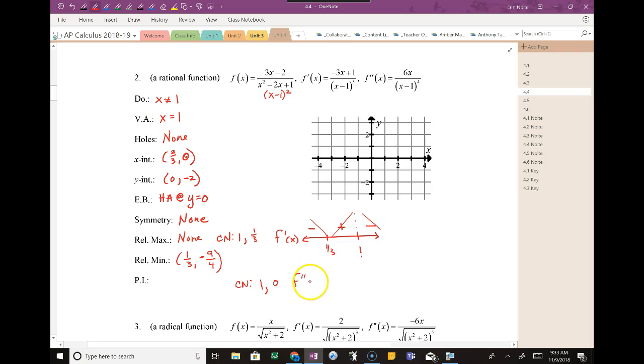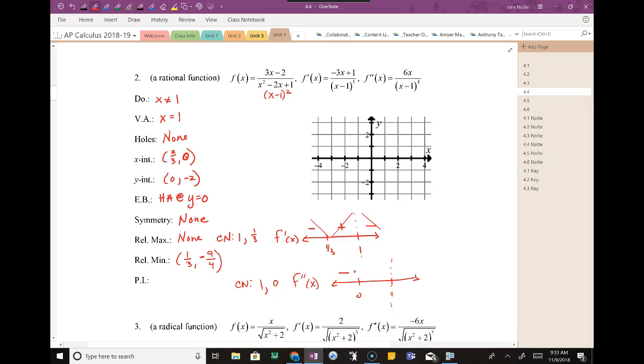Okay, so I'm doing a number line on the second derivative. We can use 0 and 1. Remember, 1 is a vertical asymptote. Okay, so plugging this into the second derivative, a value less than 0, such as negative 1, we get a negative over a positive.